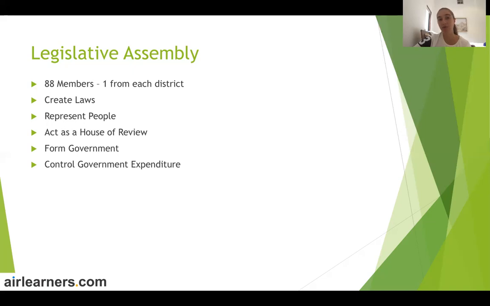Like the lower house of the Commonwealth Parliament, the Legislative Assembly also forms the Victorian government. So if the Labor Party has a majority in the lower house in Victoria, then the Labor Party will form the Victorian government, and the leader of the party will form the Premier of Victoria. And to a lesser extent, like the Commonwealth Parliament, they can also act as a house of review.